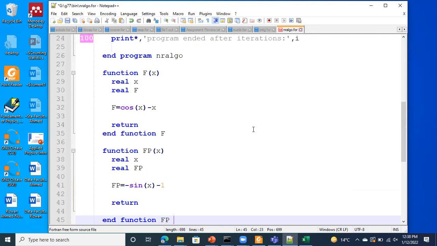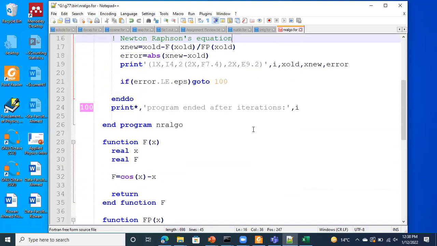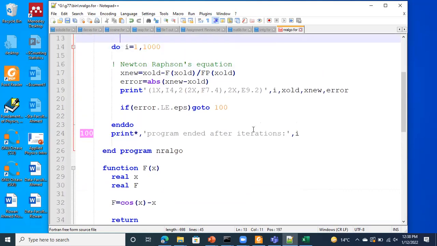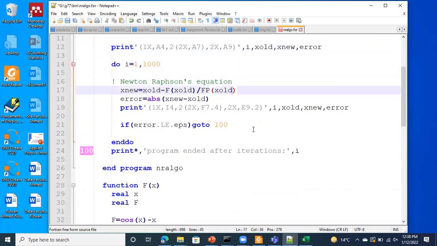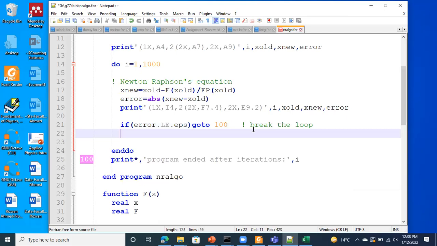Okay, we have functions, and we are calling the fx function and f prime of x function in the Newton-Raphson calculation. It begins with the x old value, x new value is computed, error is computed, and is printed. And if the error is less than epsilon, GO TO means break the loop, but else we have not provided a statement of updating the approximation.